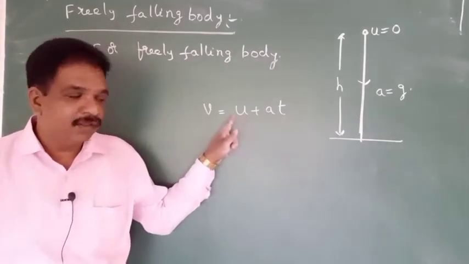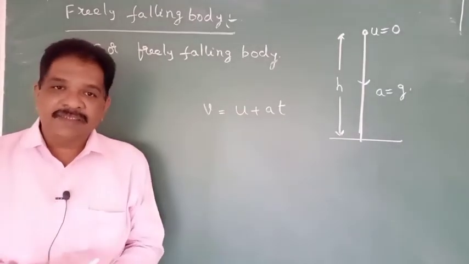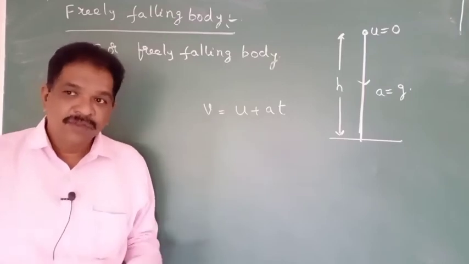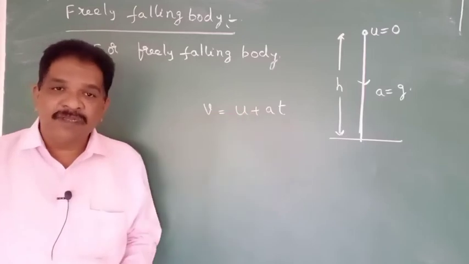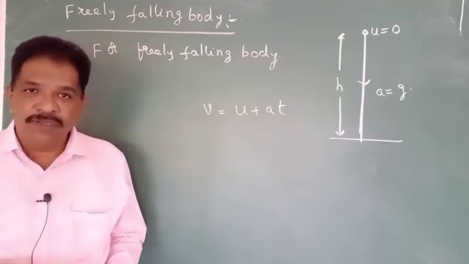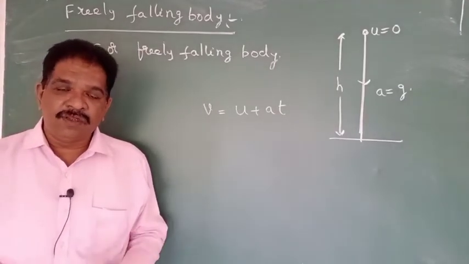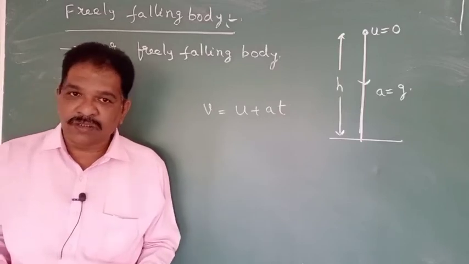Initial velocity. v is final velocity, a is acceleration, t is time. When you prepare all the terminology and all the formulae, problem solving will definitely be easy for you. It's not a big task. Definitely it will improve. Okay?